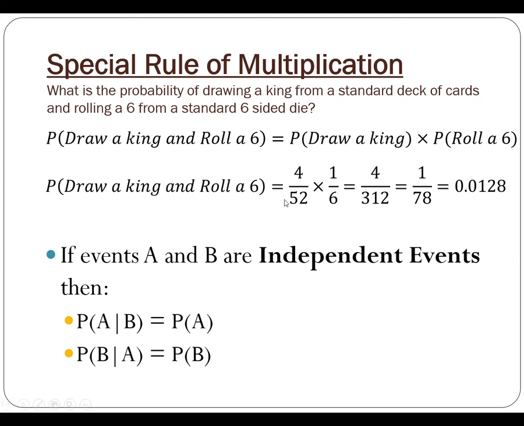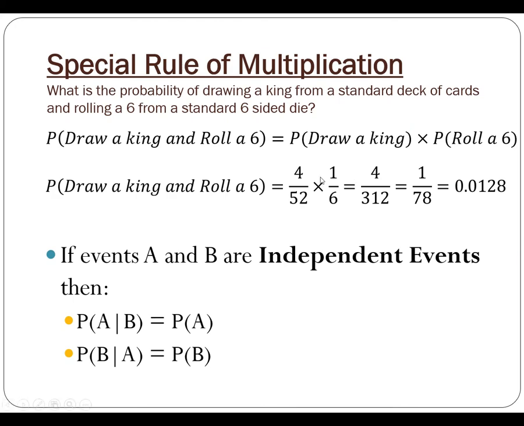So when we write this out, this is simply the probability of drawing a king times the probability of rolling a 6. Now, if I draw a card from a standard deck, it's going to have no influence on what I roll for that standard die. And the same thing if I flip it around. If I roll the die first, that's not going to influence drawing any card out of the deck.